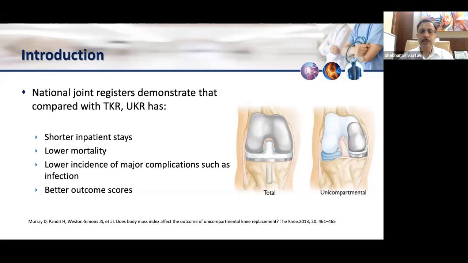While in total knee replacement you excise the PCL and the ACL, in unicompartment all the ligaments are intact. You are just resurfacing the medial compartment. So the feel is much more natural in unicompartment knee replacement.